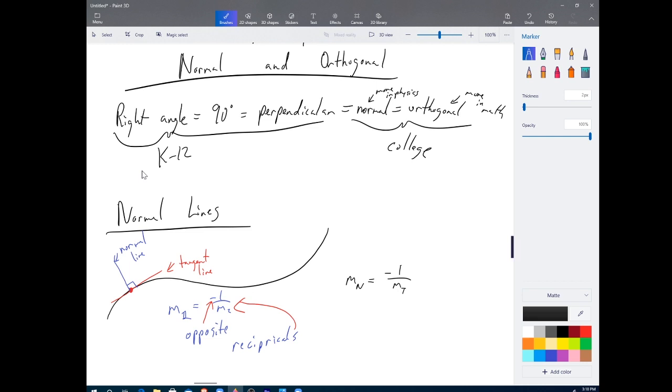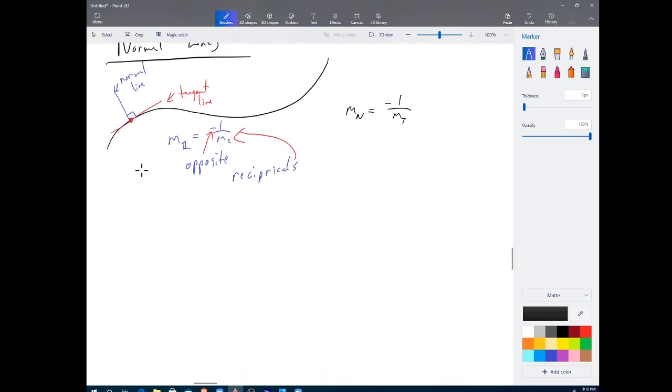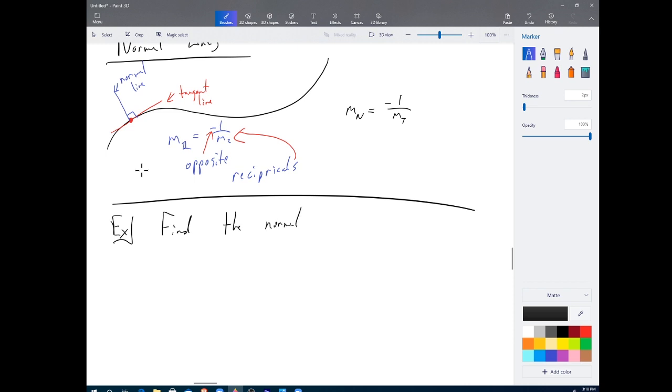So let's do an example. Let's find the normal line of the equation x squared plus y squared equals 25. So a circle with a radius of 5, like we talked about today.